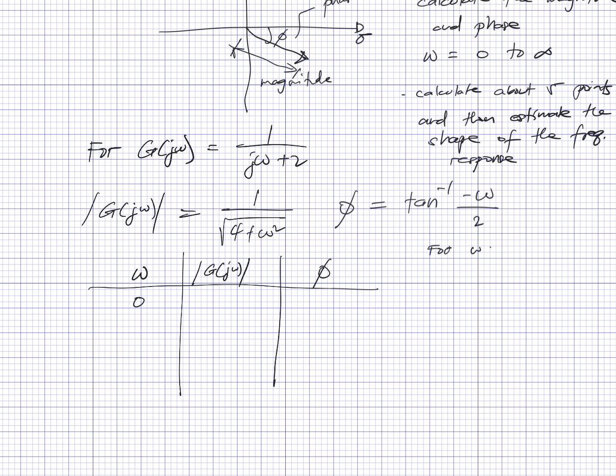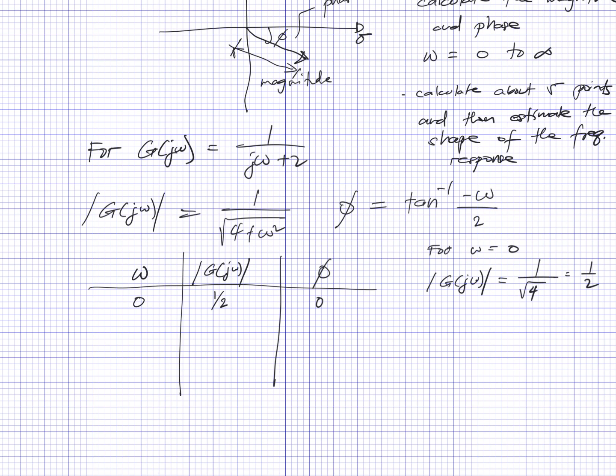For omega equals 0, your magnitude will be 1 over the square root of 4, which is 1/2. And your phase angle for that one, arctangent of 0 is 0.